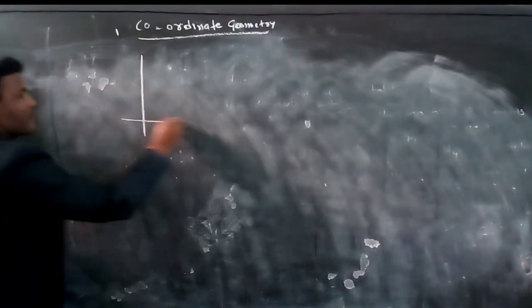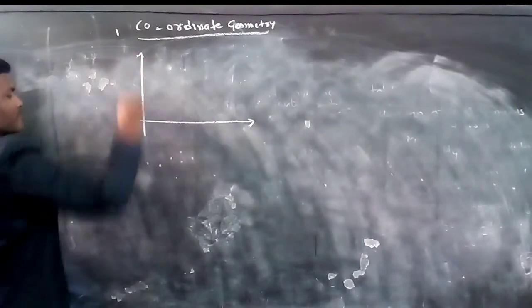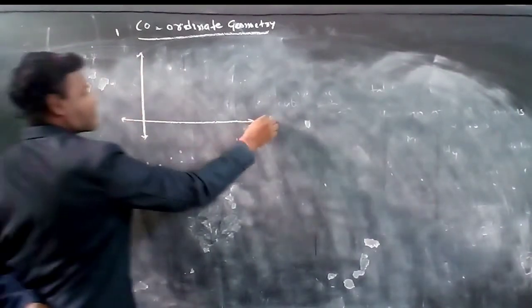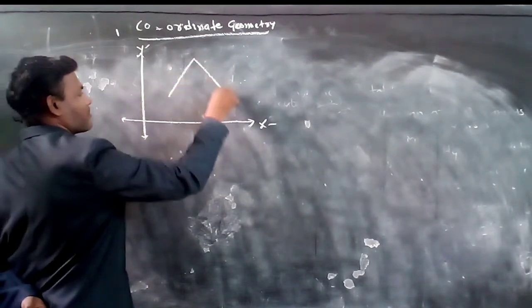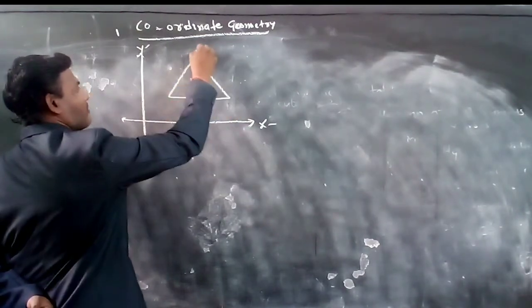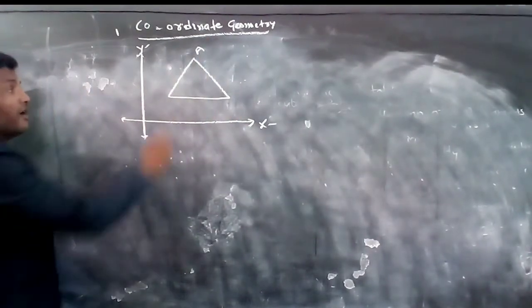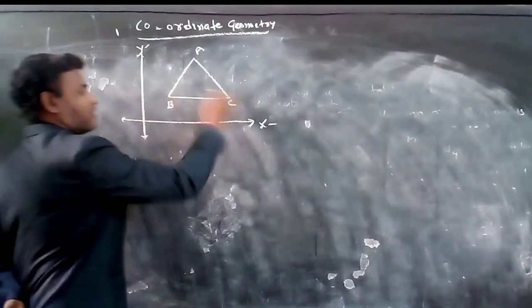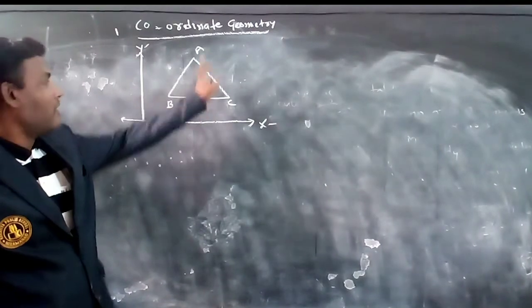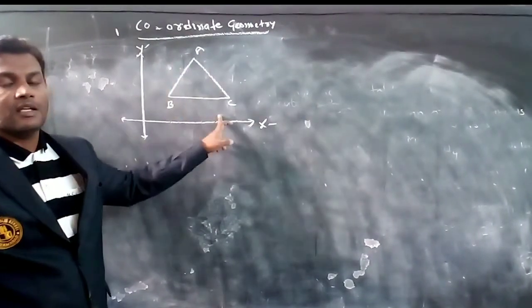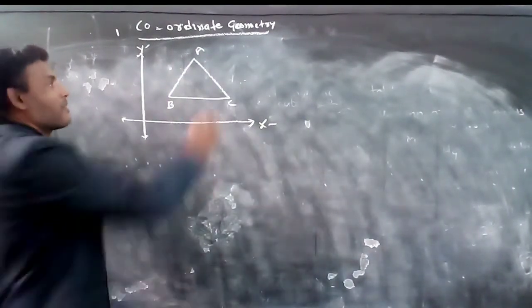See, in a plane, I am taking one triangle with vertices A, B and C. So, triangle ABC, A, B and C are the three vertices.